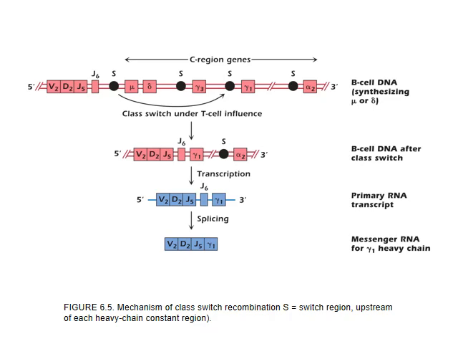So gamma 1 is a messenger RNA in this case because we are looking at the structure of, so that kind of a switch that we initially were going for alpha, and then we ended up with a gamma 1 because of the switch, is the beginning of the concept of class switching.